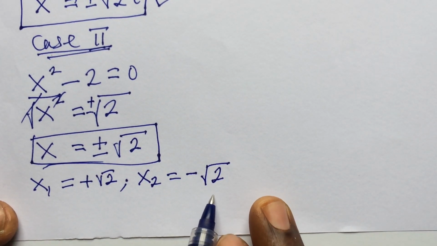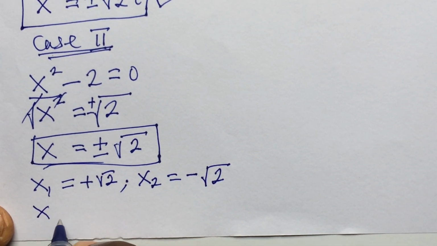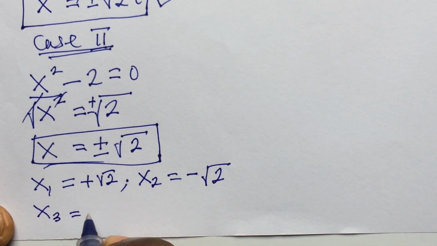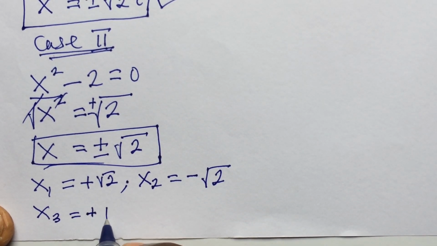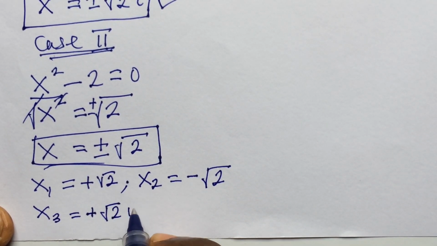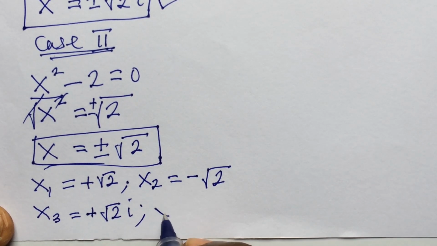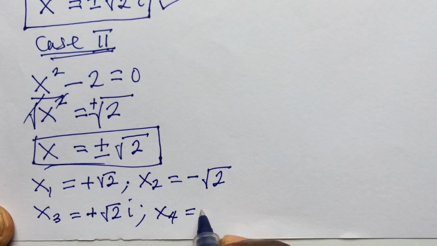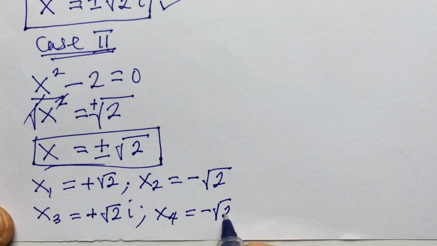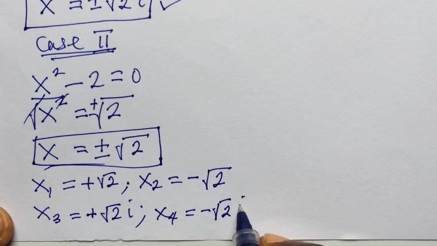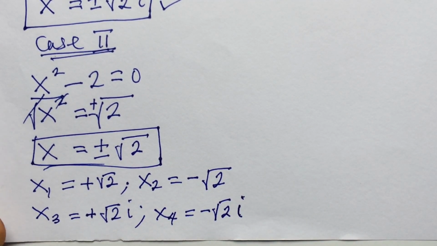Then again, x3 is equal to plus root 2i, and our x4 is equal to minus root 2i. Okay, it's our i place.